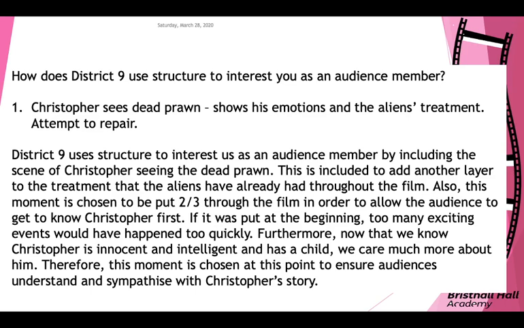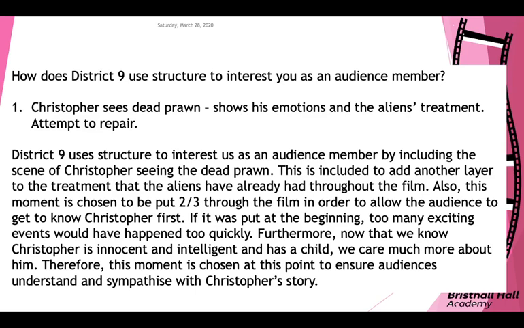So that was my notes as I was watching the film, and this is the analysis part. District 9 uses structure to interest us as an audience member by including the scene of Christopher seeing the dead prawn. This is included to add another layer to the treatment that the aliens have already had throughout the film. Also, this moment is chosen to be put 2/3 through the film in order to allow the audience to get to know Christopher first.